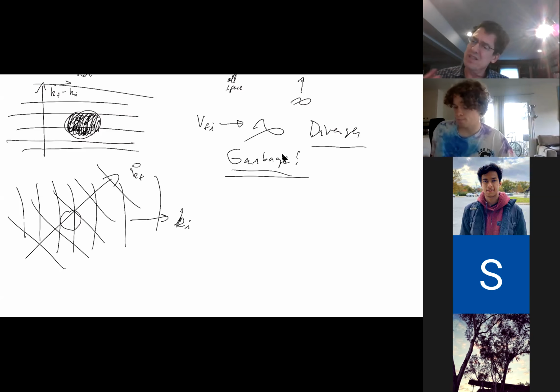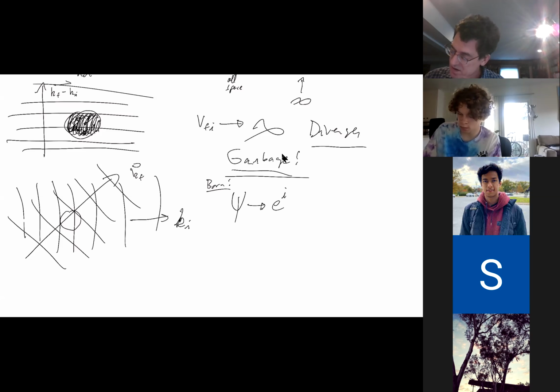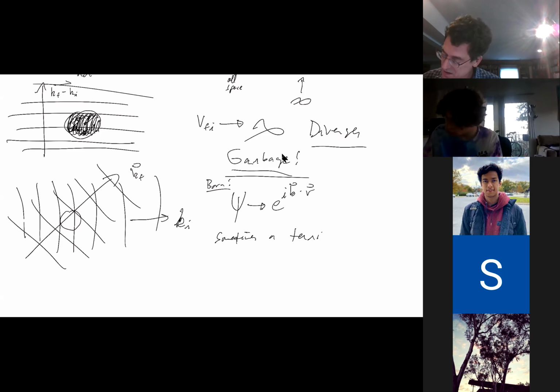What's going wrong is that in this particular case, the plane wave is just a terrible approximation for the wave function. So psi, for the Born approximation, is basically saying that your wave function is a plane wave. But for this case, it's a terrible approximation, and then it fails.